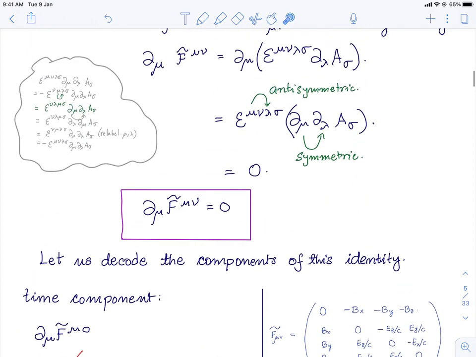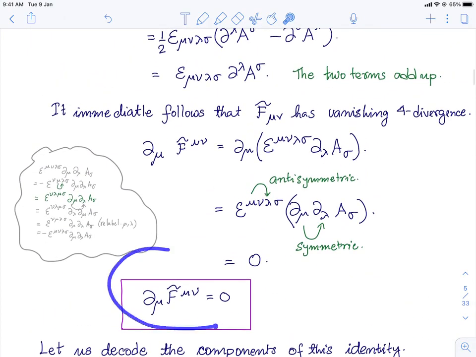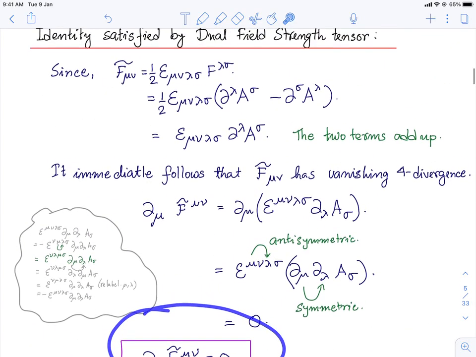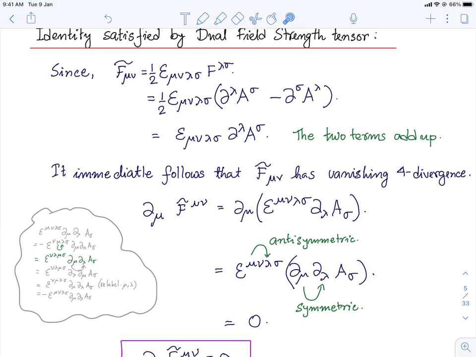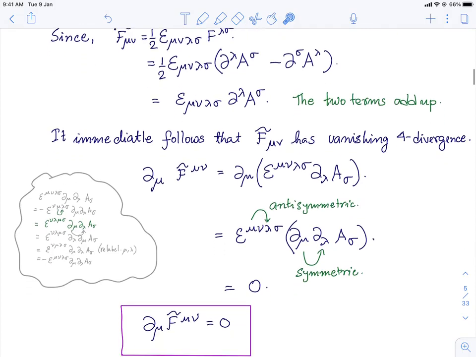I want to highlight the fact that this identity was derived because we expressed the dual field strength in terms of the vector potential. If I write it out in terms of these components, it is not clear whether the divergence is going to be 0 or not. But as soon as I write it in terms of the vector potentials, it is immediately clear that its divergence should vanish. So you can now get the hint.